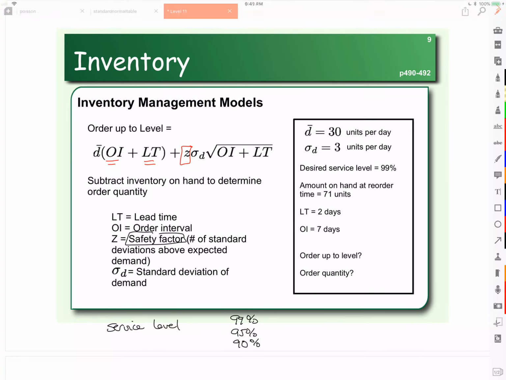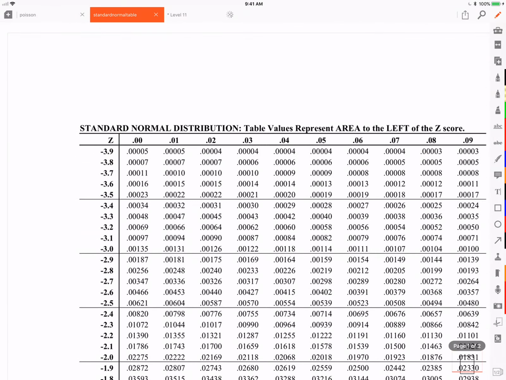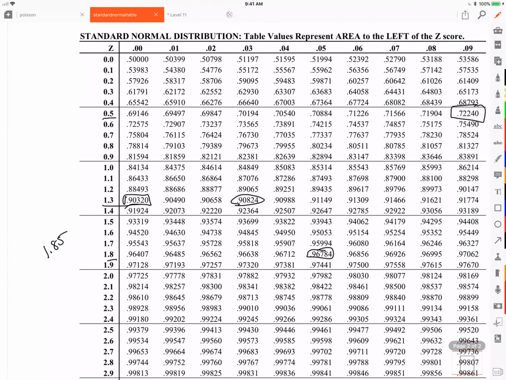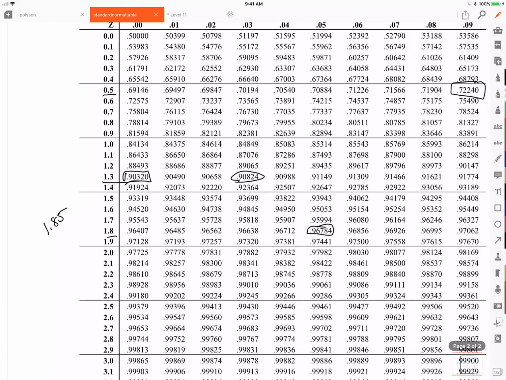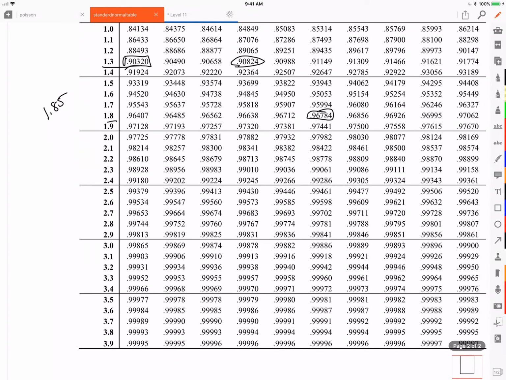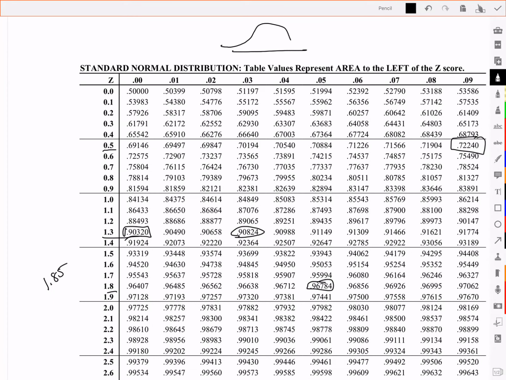So to do this, we need to look at a standard normal table. Okay. And in our standard normal table, well, apparently I've written on this one already, we want to find where we have a Z score of 99%. So we look inside the table, because when you look at a standard normal table, the area inside the table is showing you inside the graph.